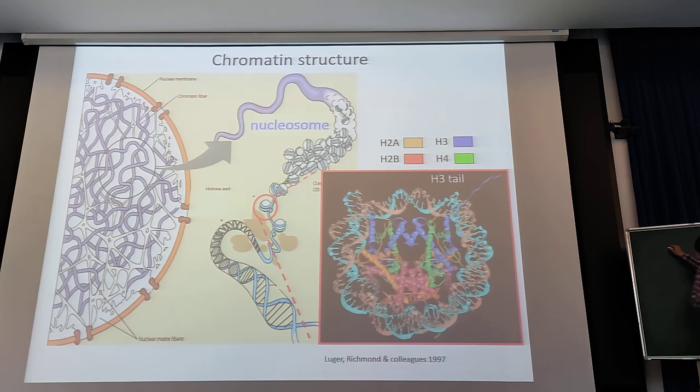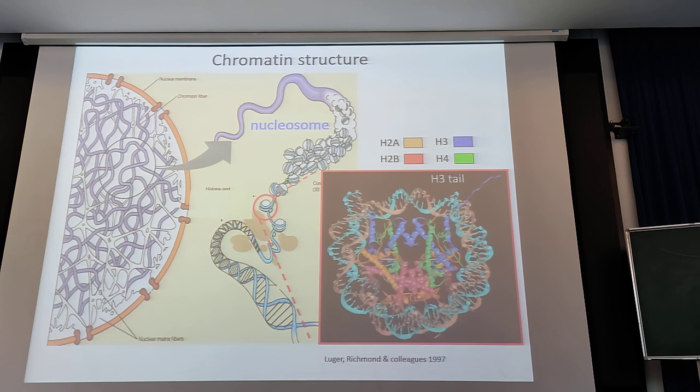So DNA is wrapped about one and three-quarter turns into the nucleosome called the octamer. So this is the octamer.